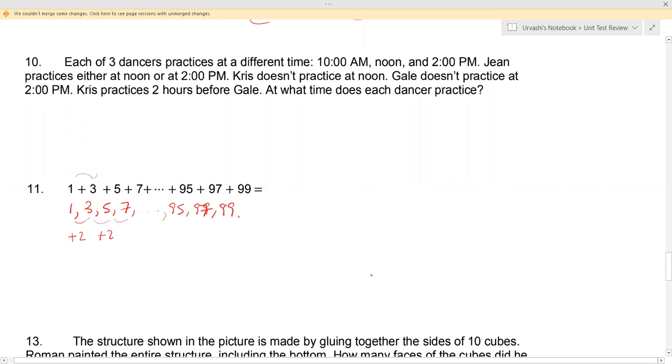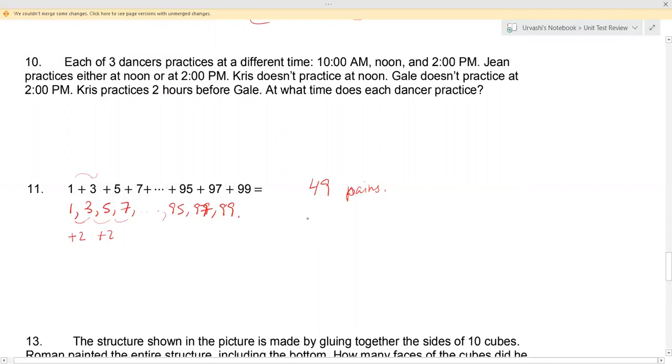Since it takes a long time to add all these numbers together, I came up with this short multi-step operation system. Since it's 49 pairs, and there was a 50 in the middle, I removed it from there, and then since I cannot multiply 100 by 49, I'm going to do the zeros trick.